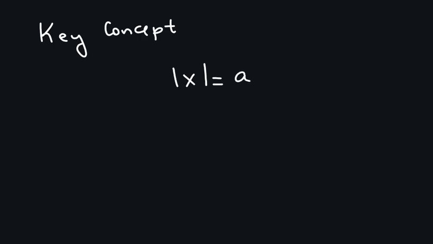So let me try to say the key concept in absolute value equations. Let's say we have absolute value of x equals a. In here we have two options. The first option is x could be a, or x could be negative a, so that we get a as the final result.